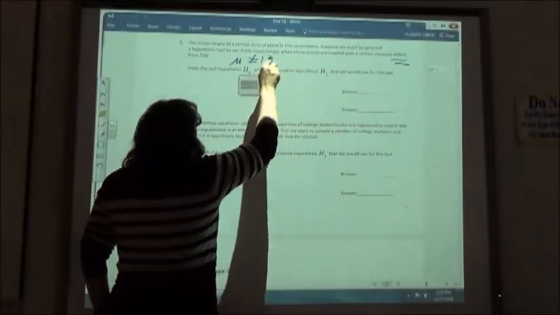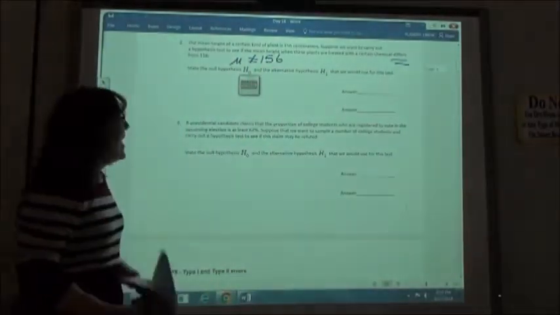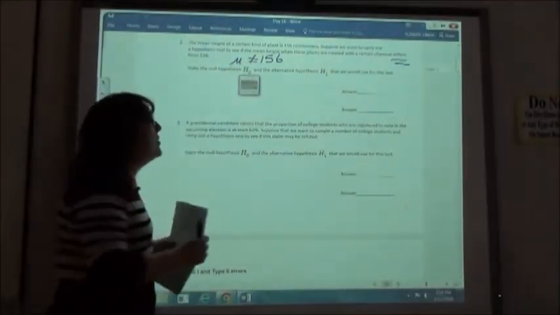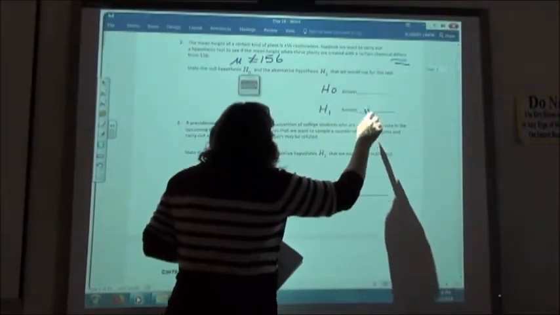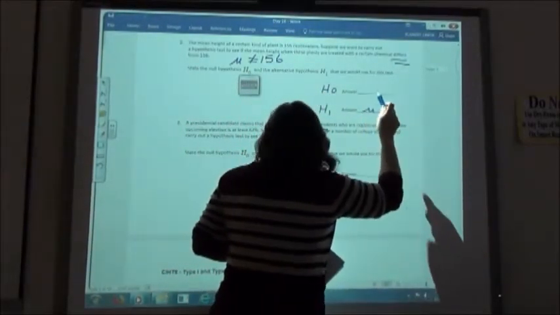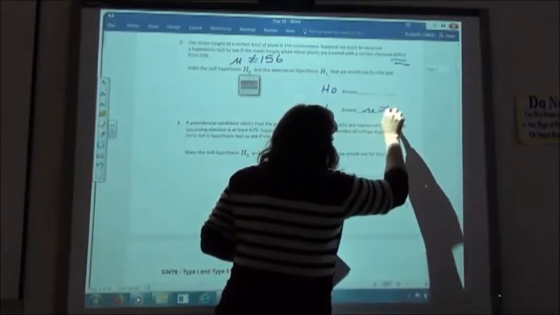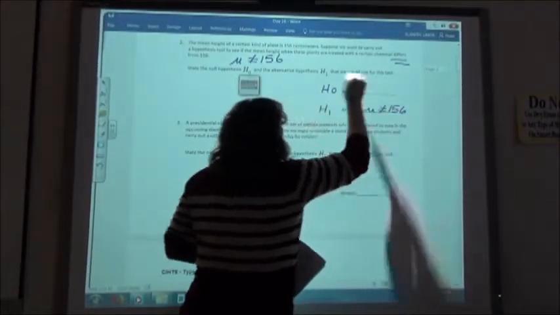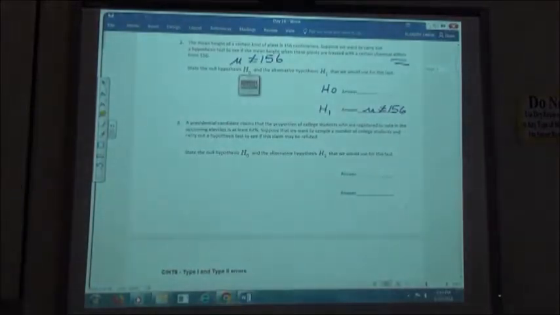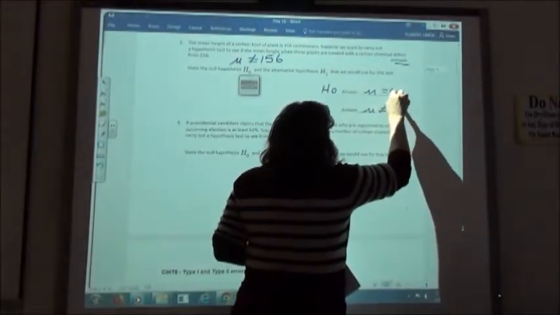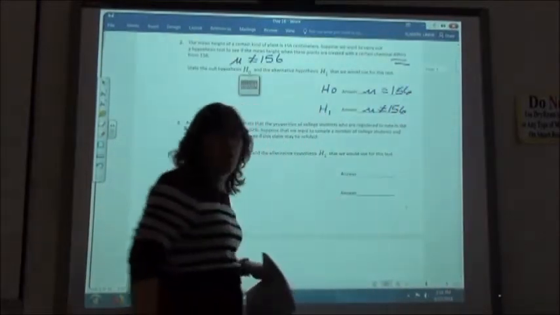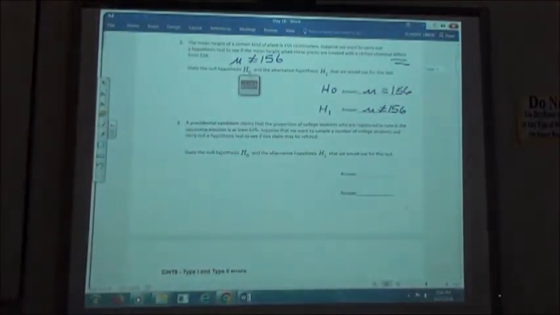Does not equal 156. Again, since this doesn't have the equal sign, that's going to be your alternate hypothesis. That means your null hypothesis would be the opposite, which means it does equal 156. So I'm either testing does it equal 156 or does it not equal 156.